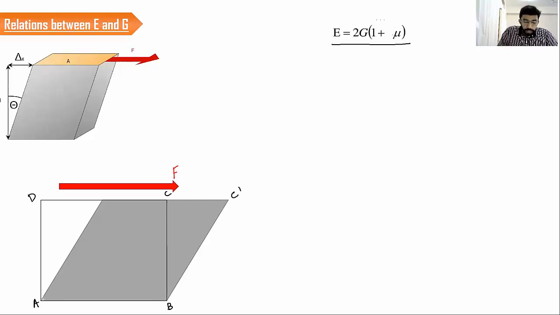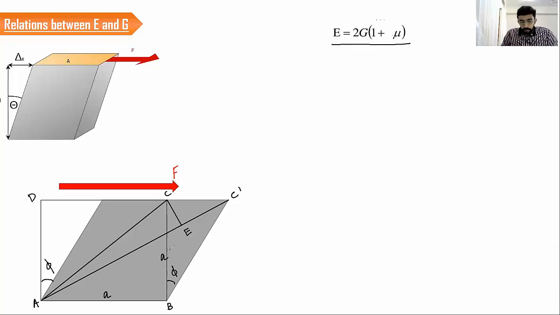Now let us define the diagonal AC. This was the initial diagonal and now it has changed to AC dash. We will drop a perpendicular from here and we will name this point E. The angle at which the deformation happened is phi. So this angle is also going to be phi and the side is nothing but a.